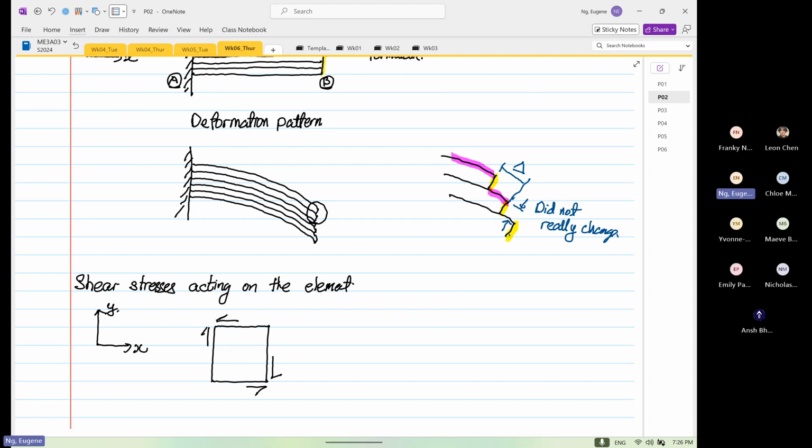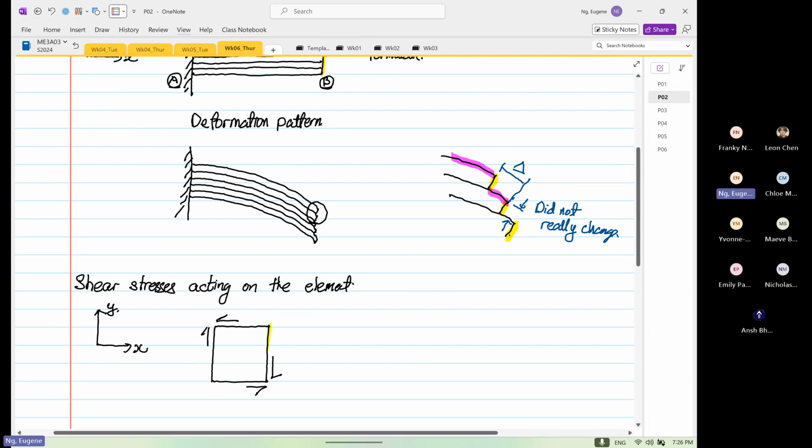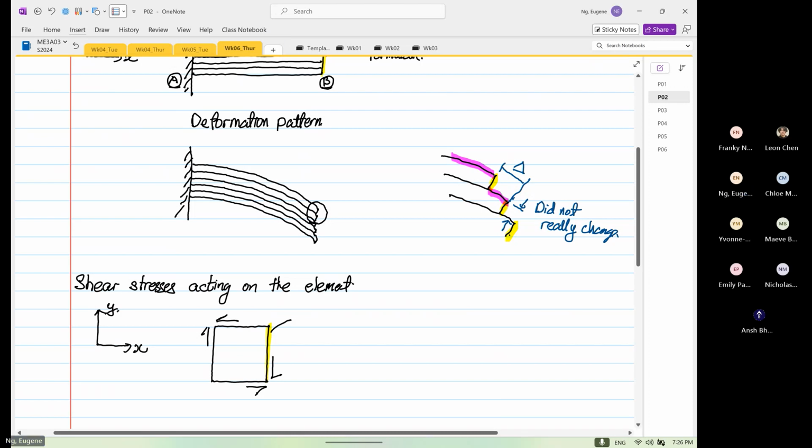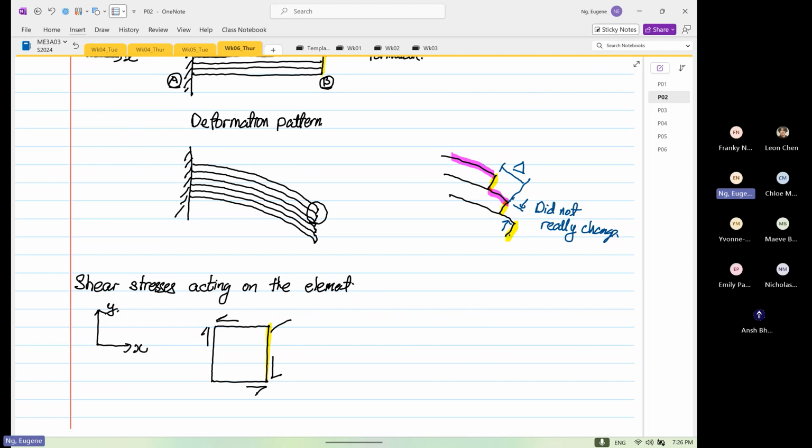So over here, the arrow, I will still use our yellow. This yellow one, I'm looking at in 3D. It is our YZ plane.